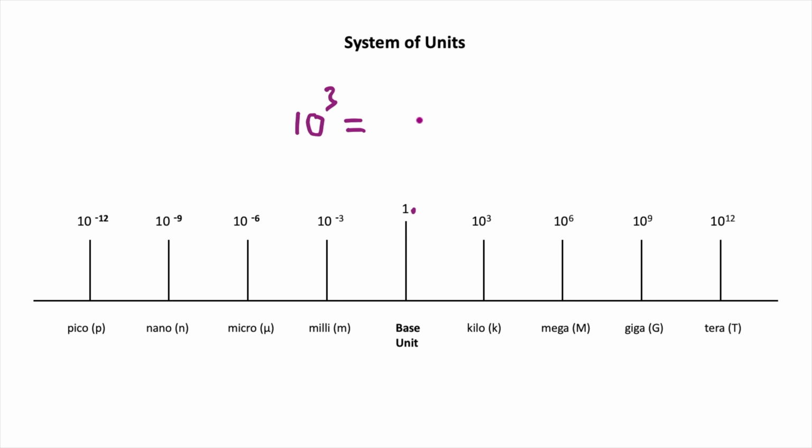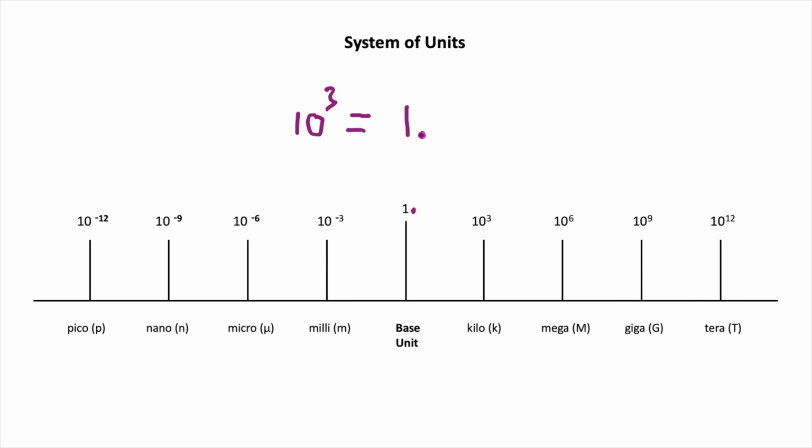Now we take 1 and we multiply that. So the way that these expressions actually work here is by saying, it's like saying 1 times 10 to the third, or 1 times 10 to the 6th, okay? And on we go. So when we say 10 to the third, what we're actually saying is the decimal place moves from the base unit, it moves to the right 3 place values.